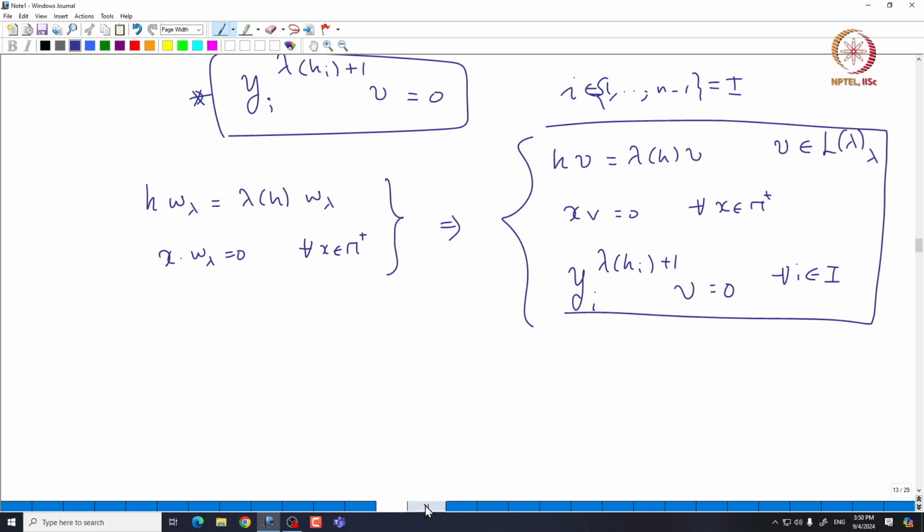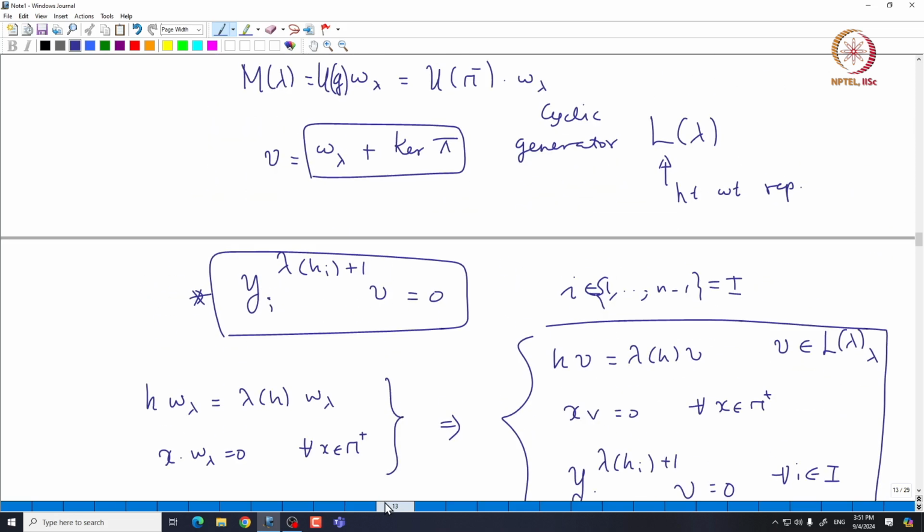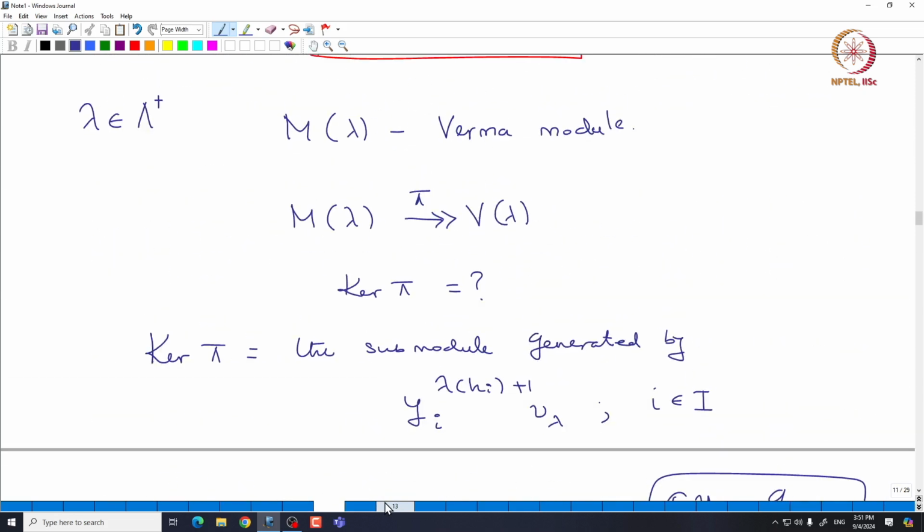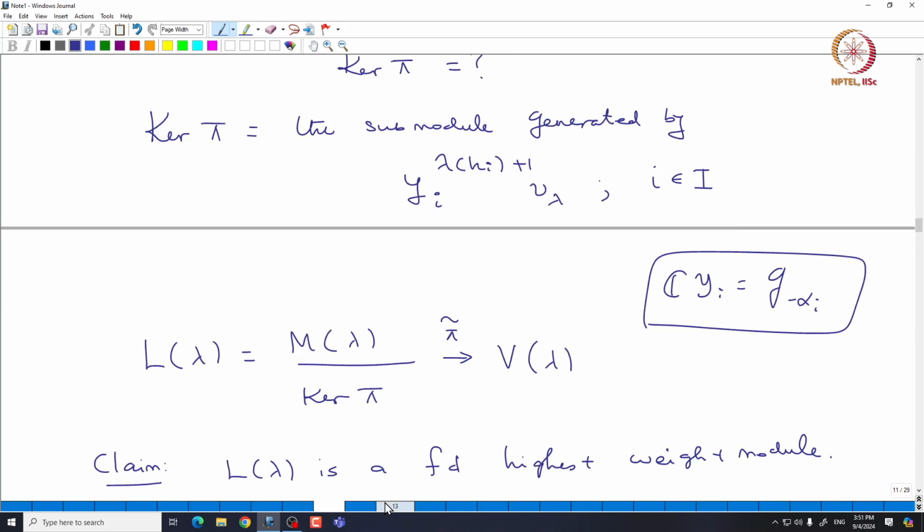Now, if you closely go through the proof we provided for V of lambda being finite dimensional for lambda a dominant weight, where V of lambda is defined to be the unique irreducible quotient of M of lambda, we proved a theorem that V of lambda is finite dimensional for lambda dominant.